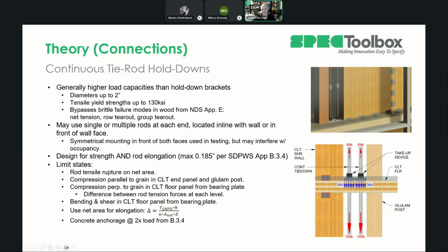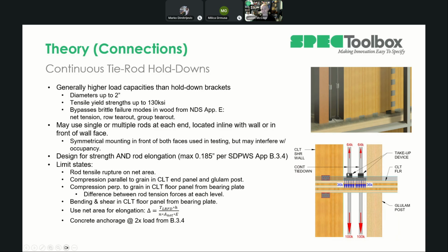And then, like I said, concrete anchorage, you're designing for that amplified load. So in this case, I ended up having to do a custom size. I'm using Simpson ATS rods here and some of their ATUD hold downs, or take-up devices.